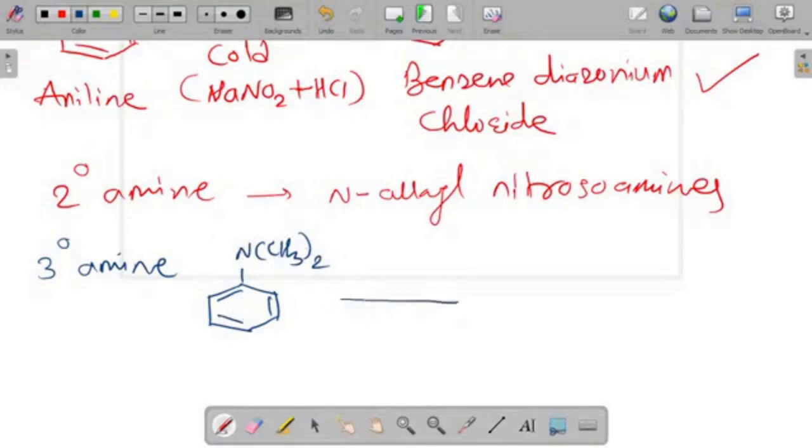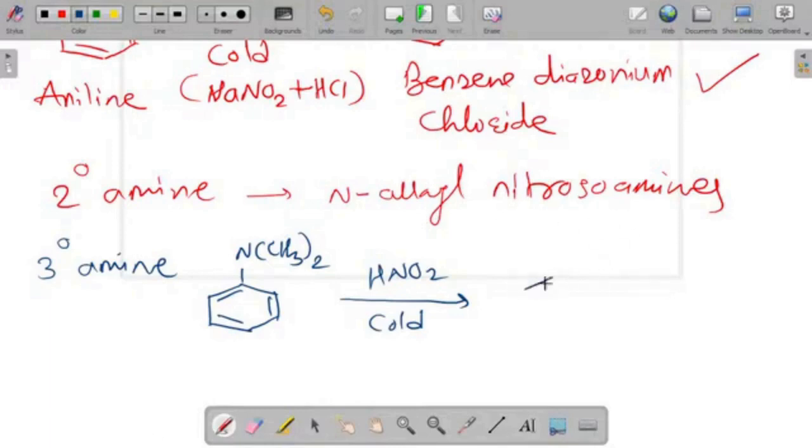Understand? Now this on reaction with nitrous acid HNO2 at cold condition, rather than giving the salt which we have seen for the aliphatic amines, this aromatic amine gives a substituted benzene. It gives a para substituted nitroso product.